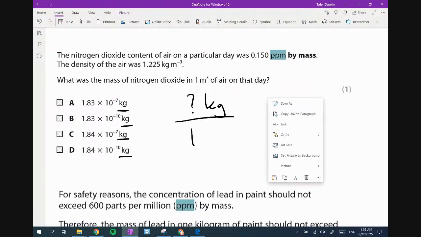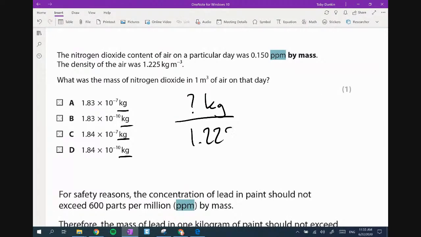Let's just ignore the meters cubed. Times 10 to the 6 gives us 0.150. Just ignoring the meters cubed. It just means that we're treating a single meter cubed as equal to that many kilograms. Yeah, oh yeah, we want the answer in kilograms as well.